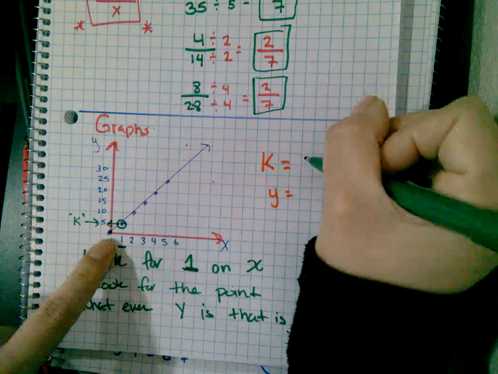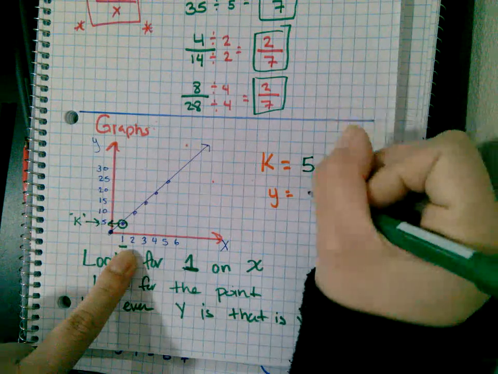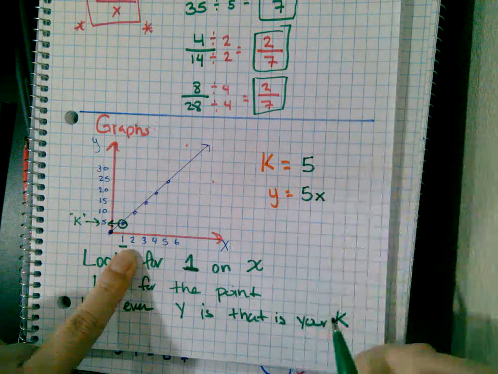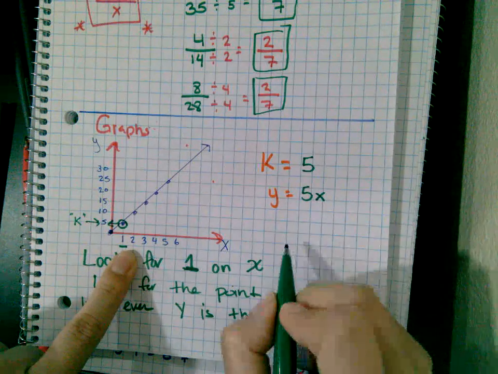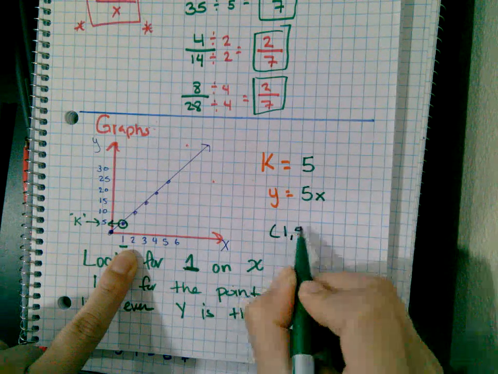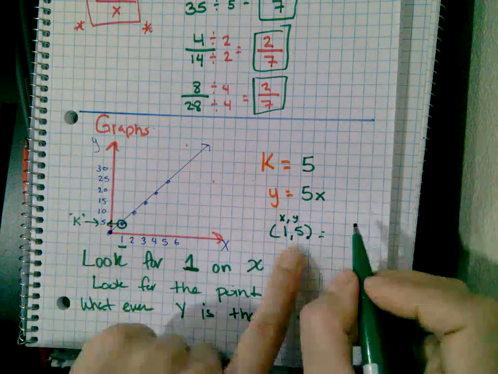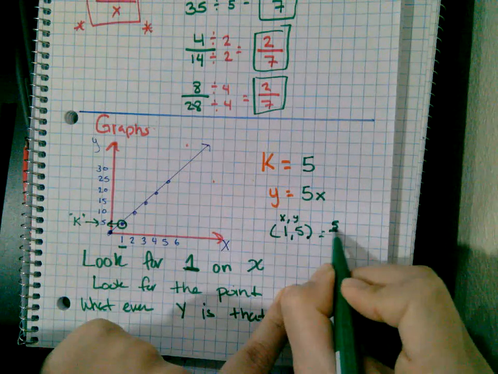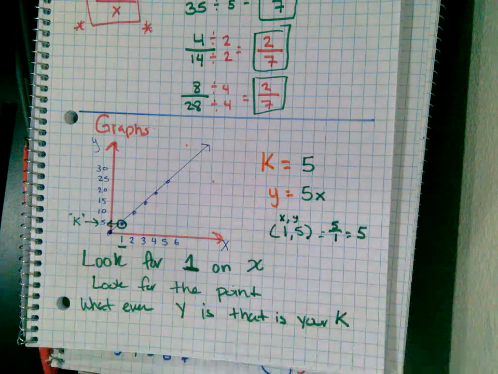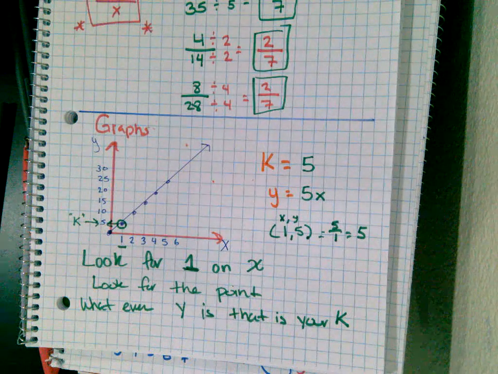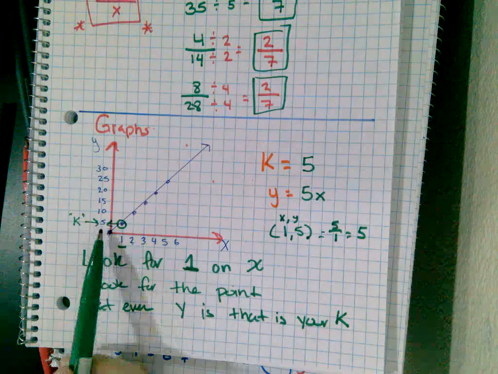So K would be 5. So the equation would be Y equals 5X. If I were to do it as a point, the point is 1, 5, X, Y. So it would be, if I were to do it like I showed you before, 5 over 1, which is equal to 5. Make sure you put the Y on the top. The Y was 5.